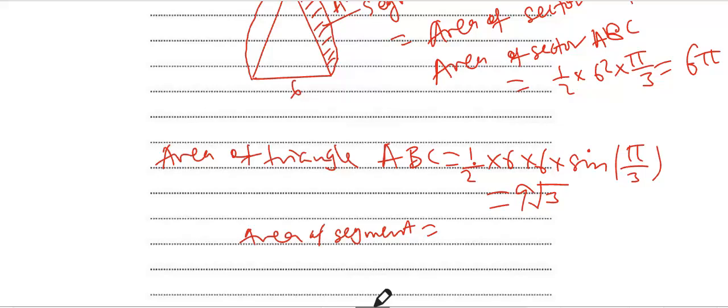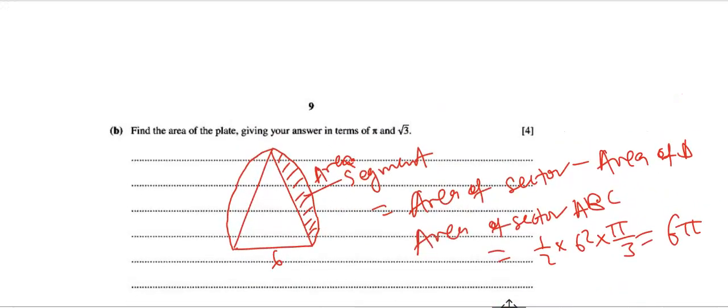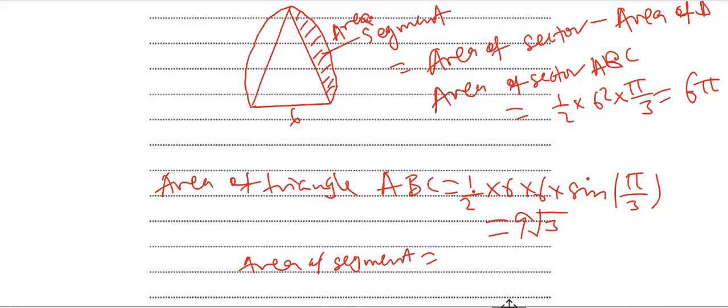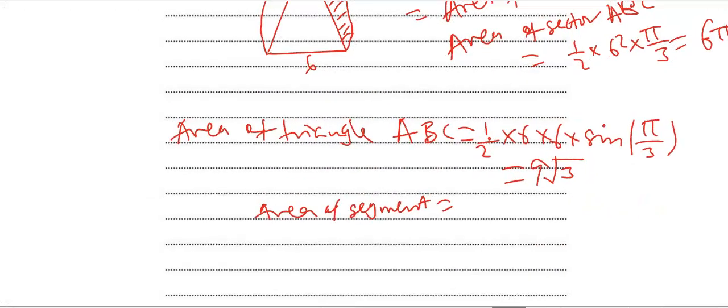So now area of segment is going to be 6 pi minus, remember we said that area of segment is going to be area of sector minus area of a triangle, and the area of the sector is 6 pi, so it is 6 pi minus 9 root 3.